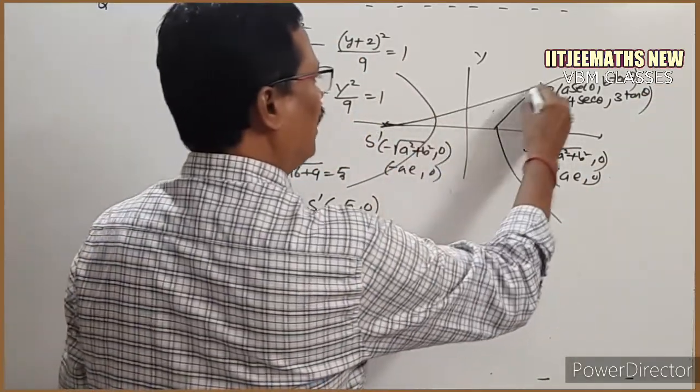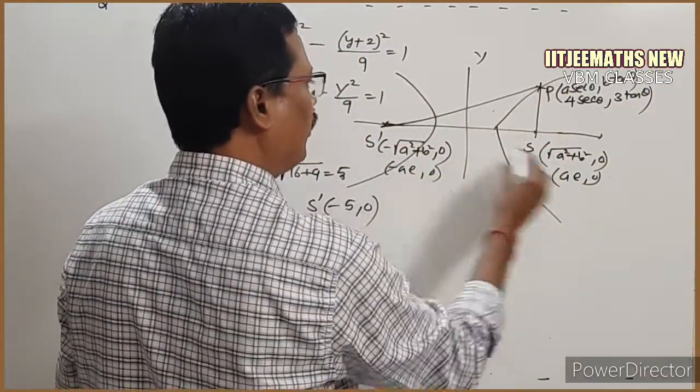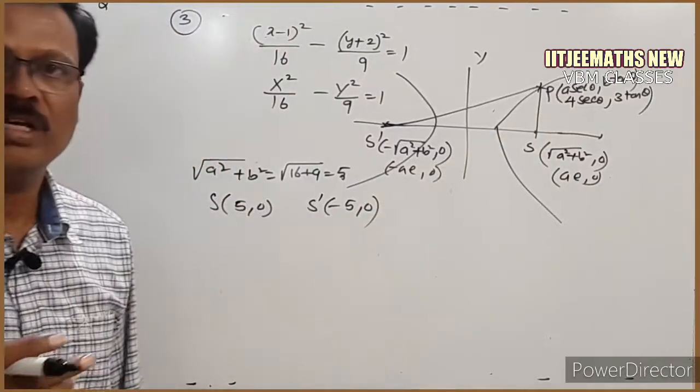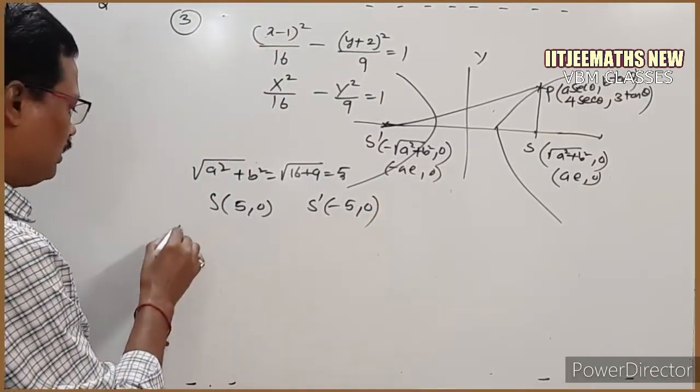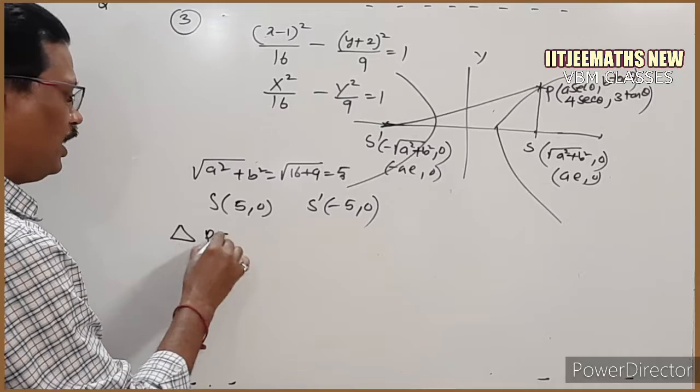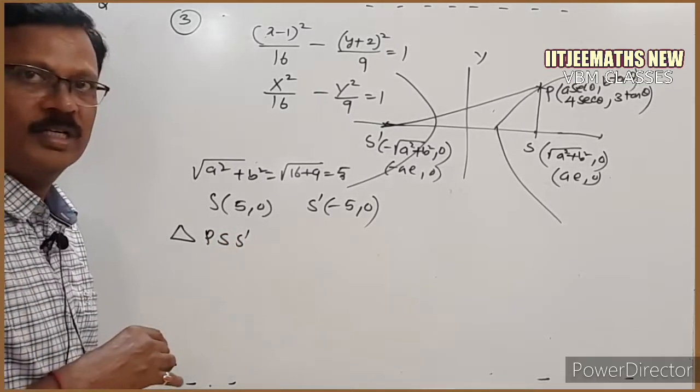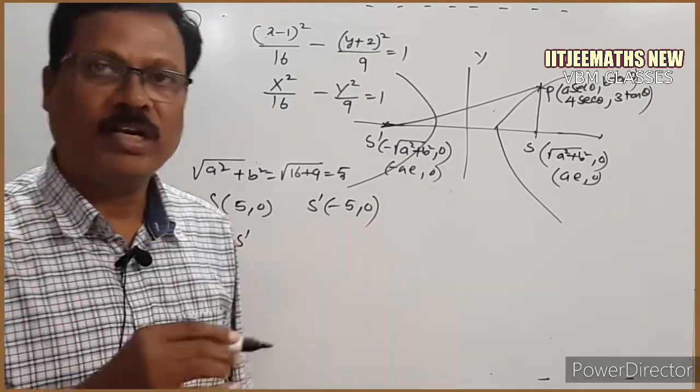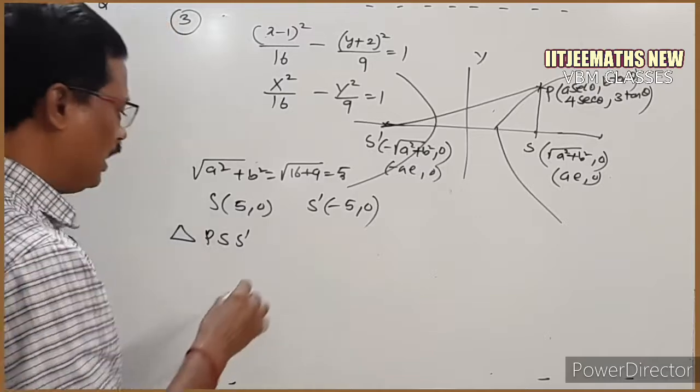Now this is a triangle formed by the foci and any point on the hyperbola. Now this is triangle PSS dash. What they are asking here is the centroid locus. Let us find the centroid of this.